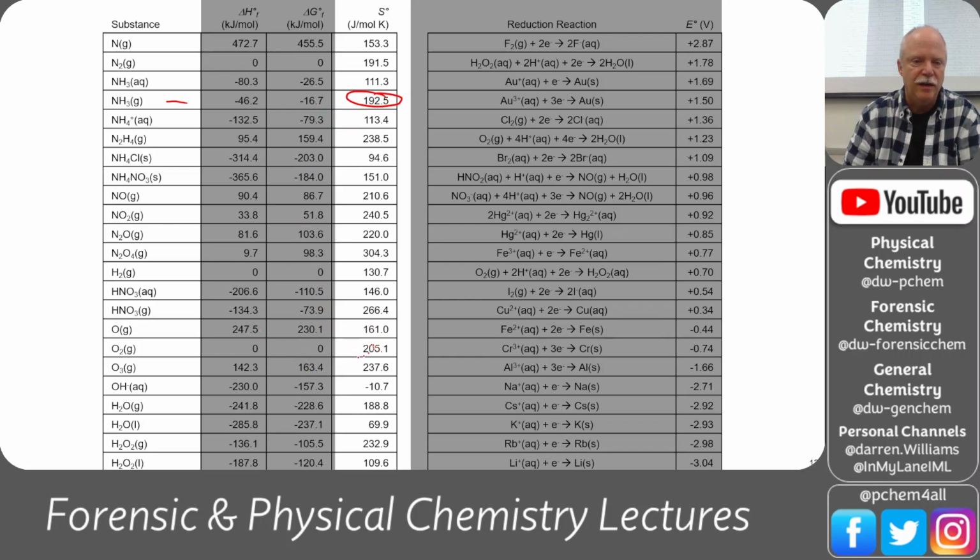We could calculate phase changes. So here's water, liquid, entropy. Here's water, gas. We could take the difference and calculate the entropy change when you boil water. And so this is a nice result of having that third law of thermodynamics where you have a reference.